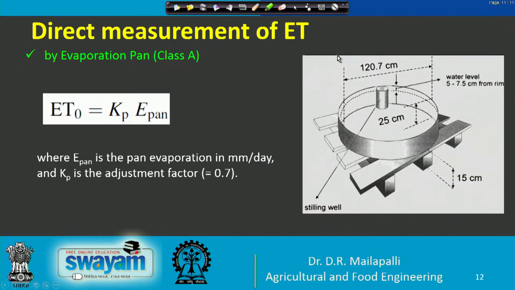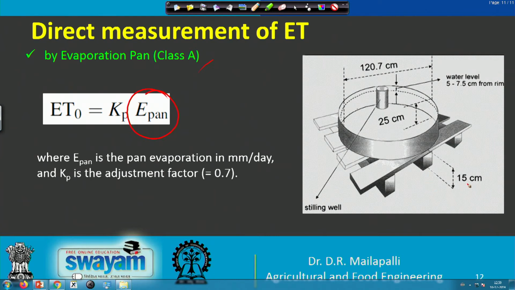And then another way of measuring ET is using a pan evaporimeter. A class A pan evaporimeter will be installed in the field, so you will know the daily loss in water level.